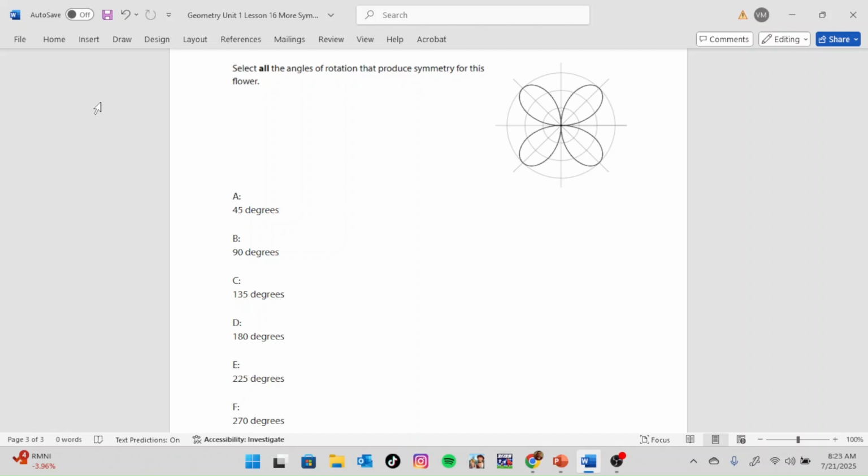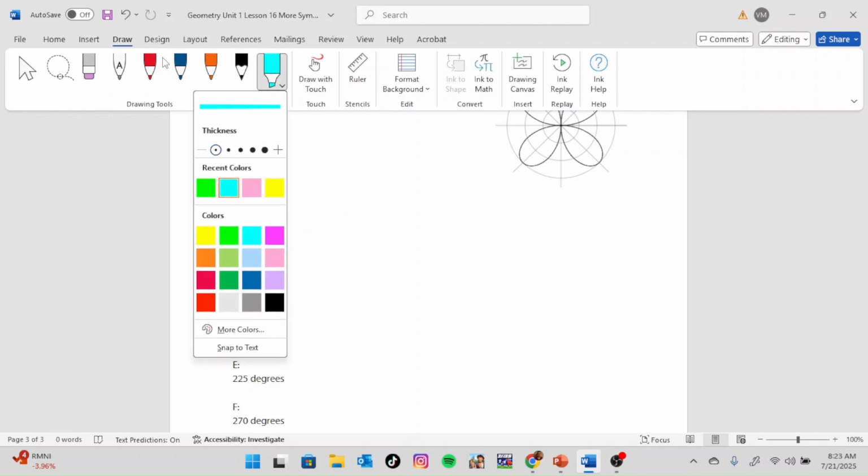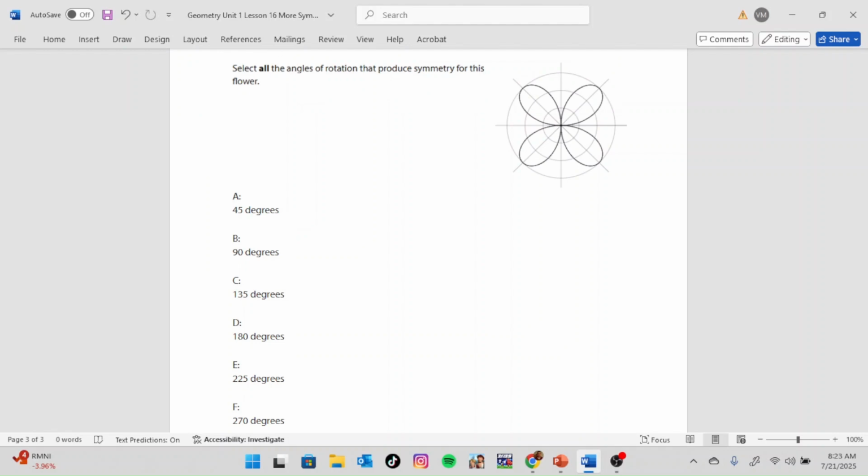So with this flower, we have 4 distinct petals. We have this petal in the upper left.